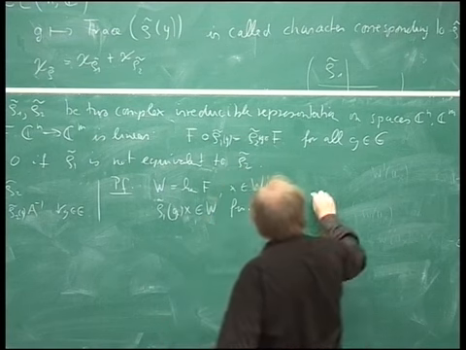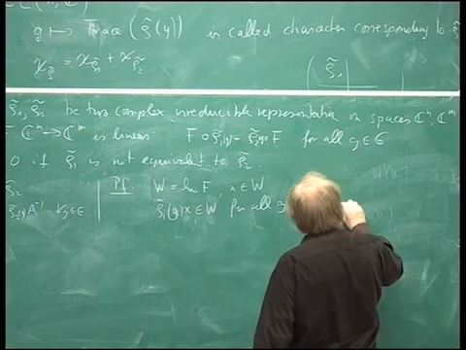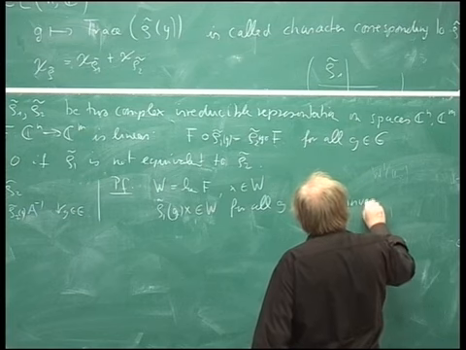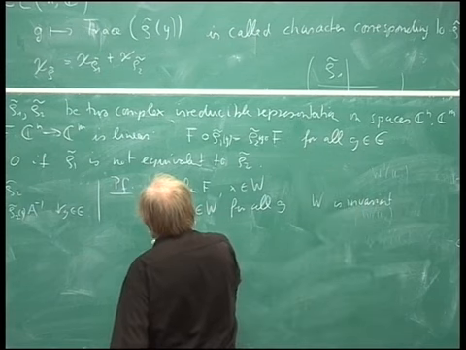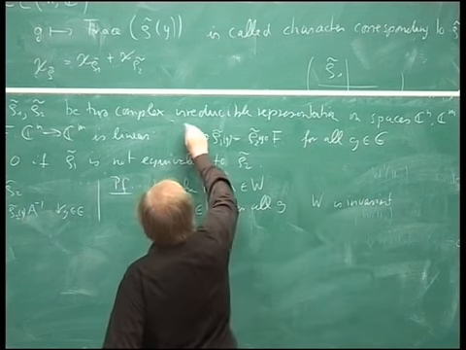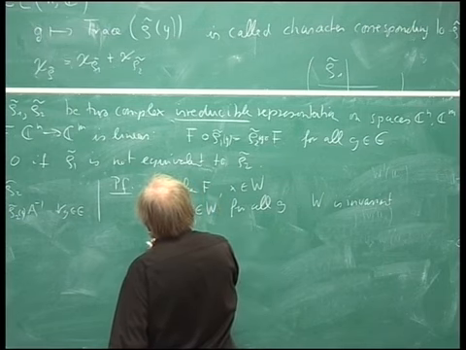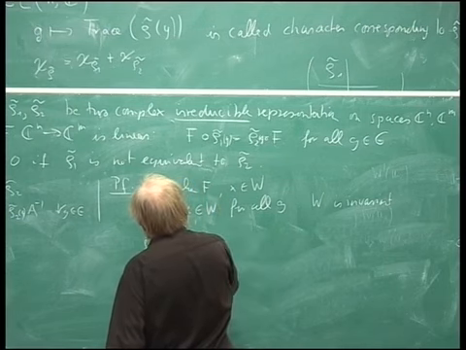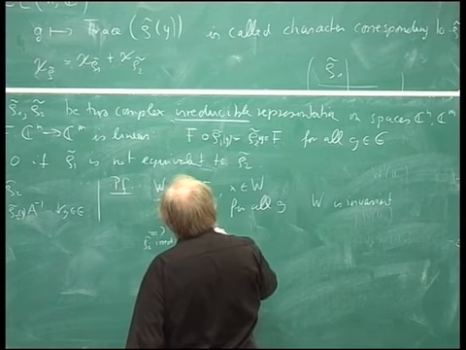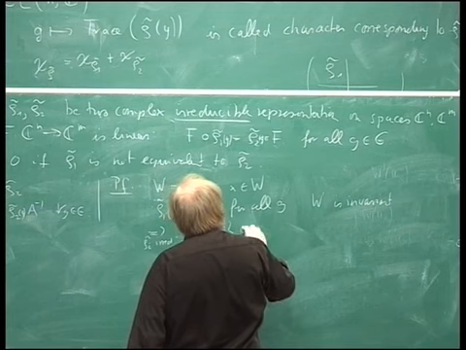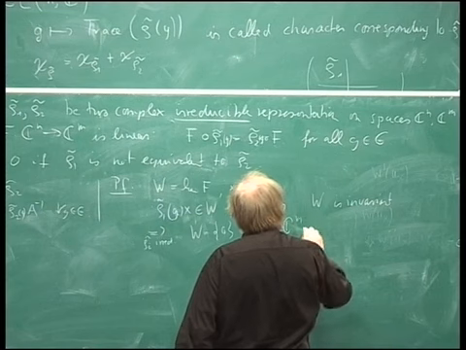And then W is invariant. And by irreducibility, I had this irreducibility assumption, rho i tilde irreducible. This means W is 0 or W is the space Cn.